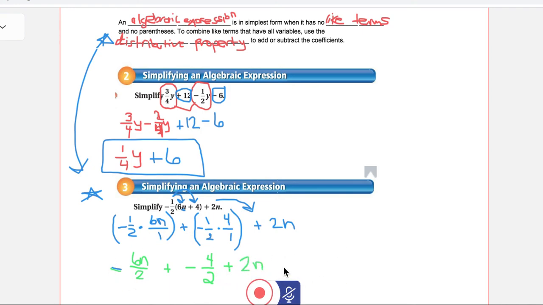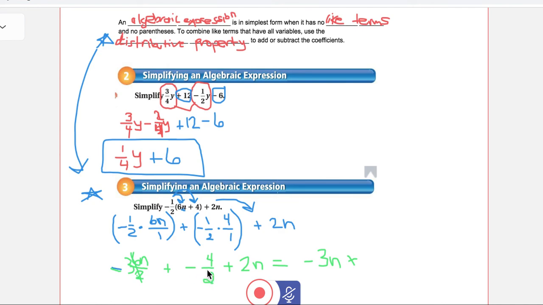So I'm getting further. Now, I notice I can simplify this even further. A negative 6n over 2, well, 6 divided by 2 is 3. So this is really just a negative 3n. So I have a negative 3n plus, what can I simplify negative 4 over 2 to? 4 divided by 2 is 2.